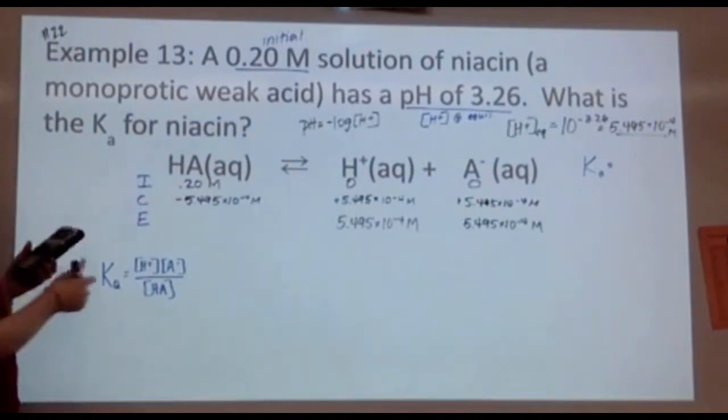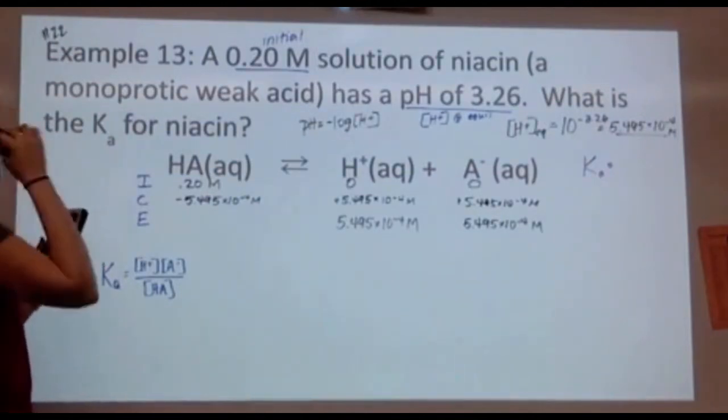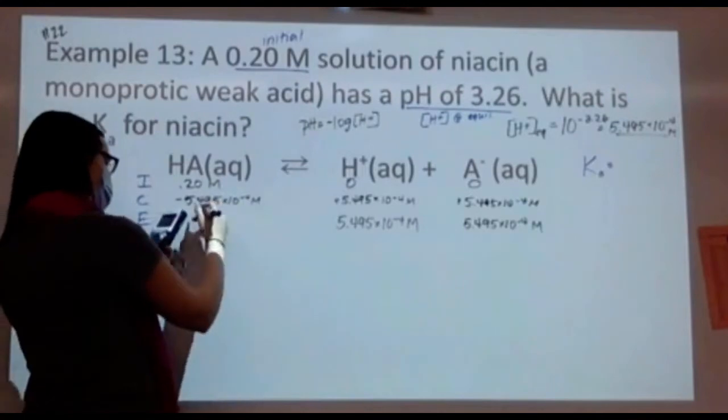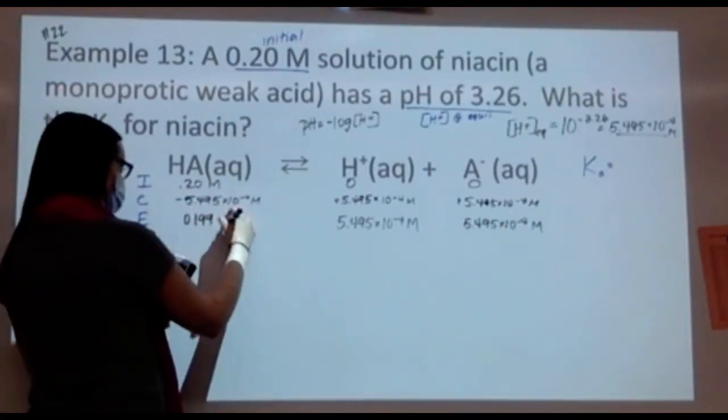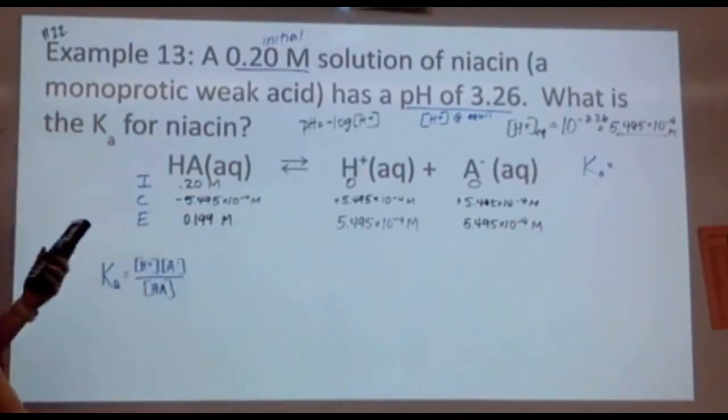Now, if we do 0.2 minus this value, we get 0.199 molar. And if I went out to 4 sig figs, 0.1995.